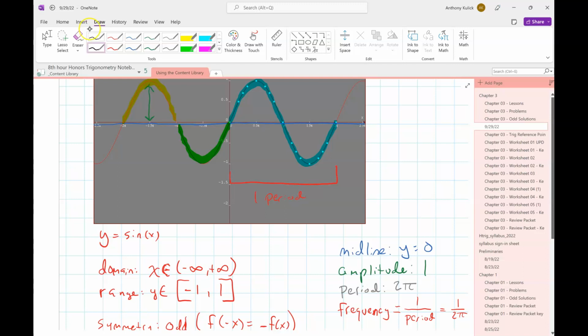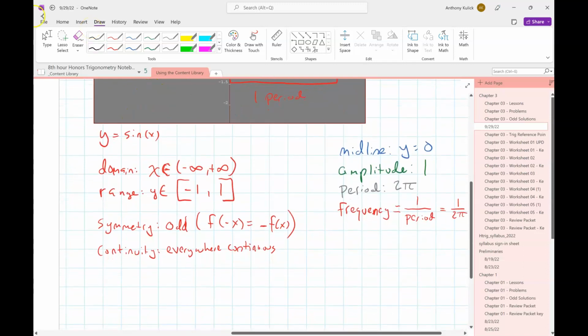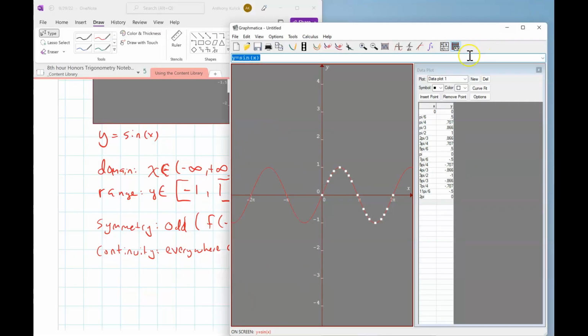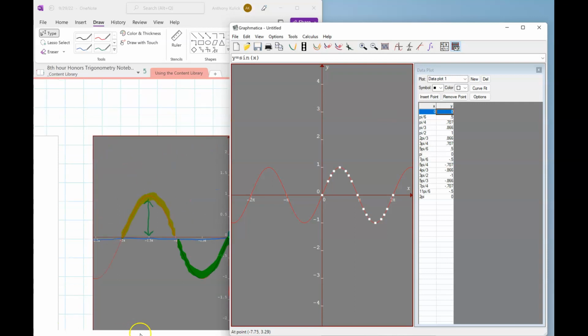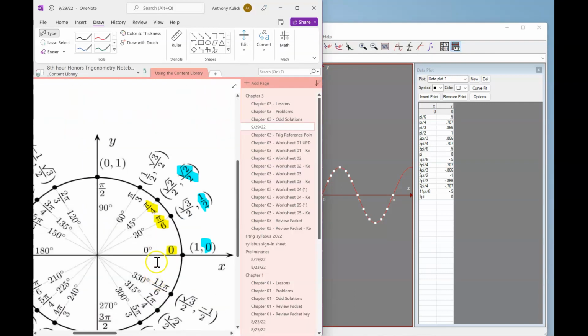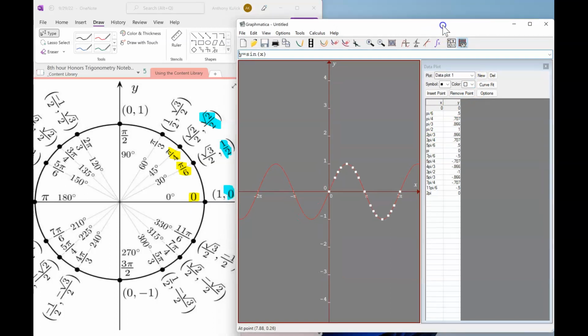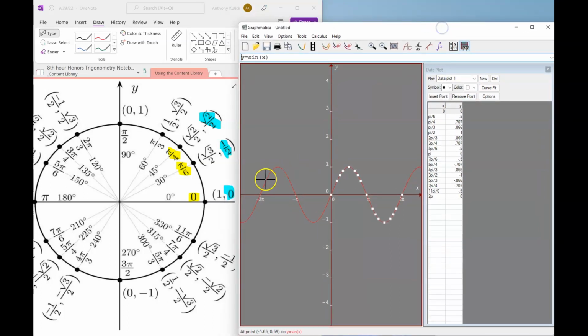Let's do kind of the same process here, but let's do the cosine graph. And I need to go back and look at my unit circle here. Now, the process that I used before is going to change just ever so slightly, right?